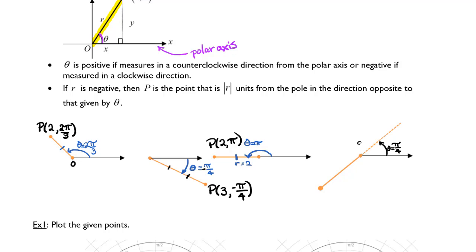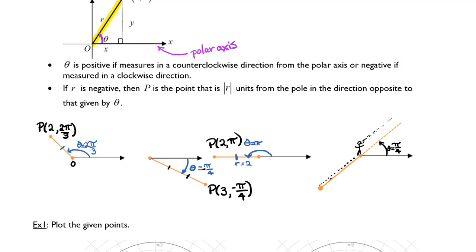If we think of ourselves standing at the origin and looking toward the polar axis and then rotate through, so we're looking out along the angle, and then we back up, that gives us a negative radius.